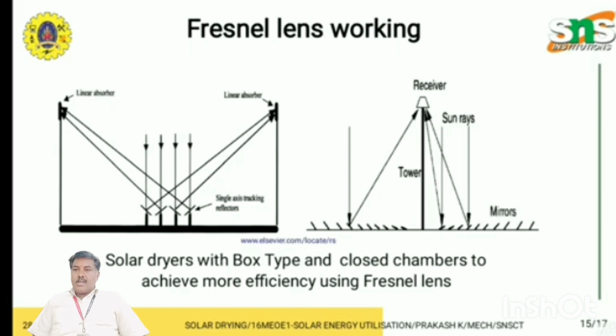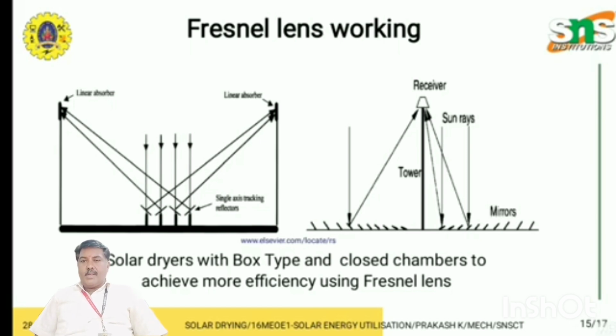All these mirrors kept at the bottom are called heliostats, and all the solar radiation falling on these heliostats is reflected back towards a particular point. So this type of concentration is called concentric solar collectors.